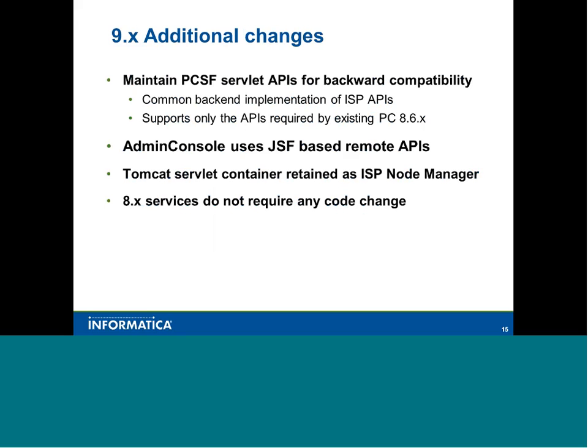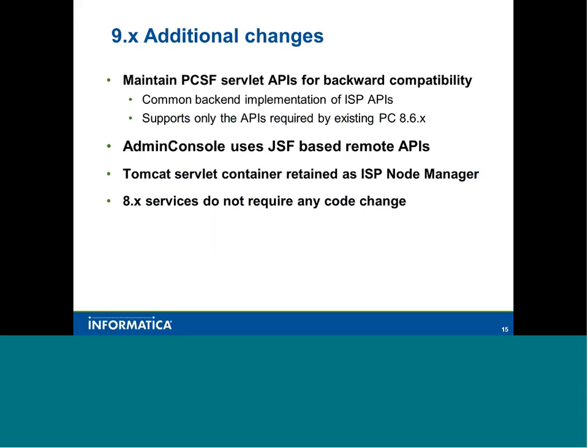Okay. And additional changes: as I was showing you, the PCSF itself is maintained for backward compatibility. So the same API is being used underneath to run 8.x, and it should work seamlessly without any issues. Then the admin console itself uses the JSF, as I was saying, all the new services using JSF-based remote APIs, right?